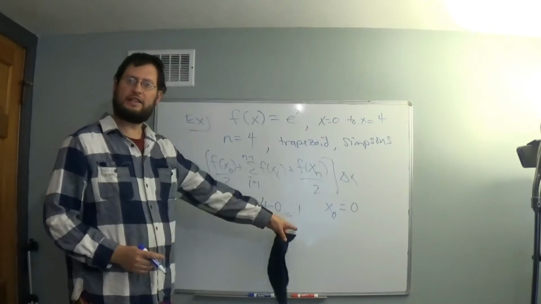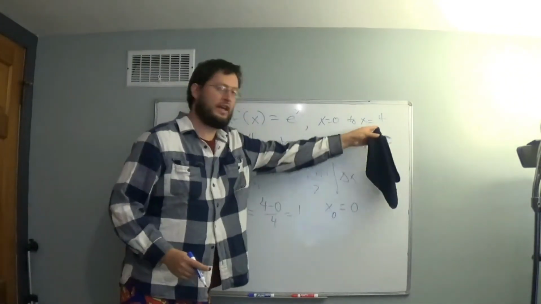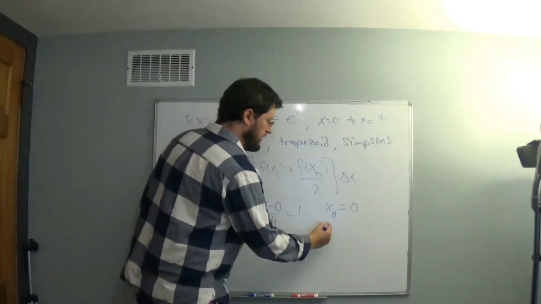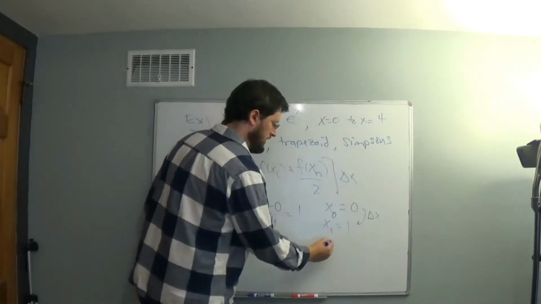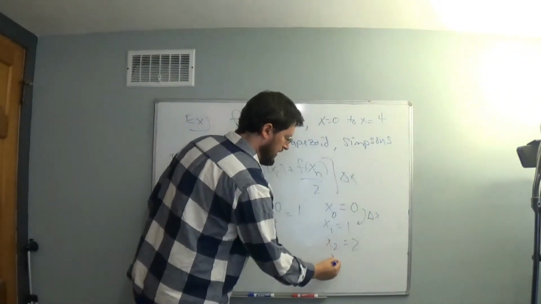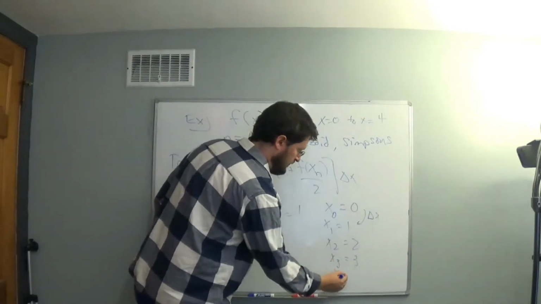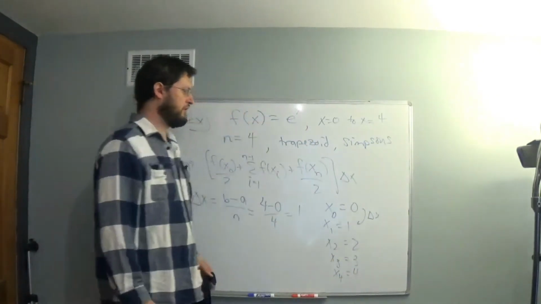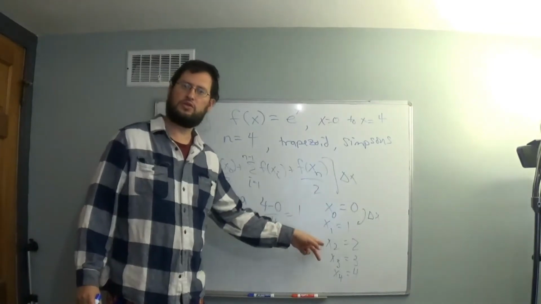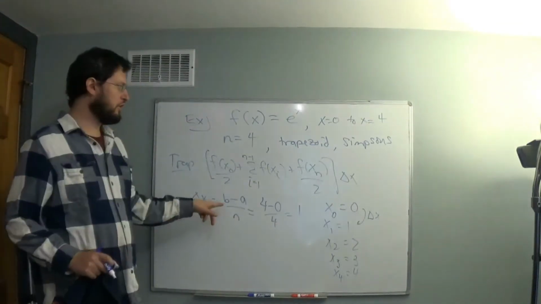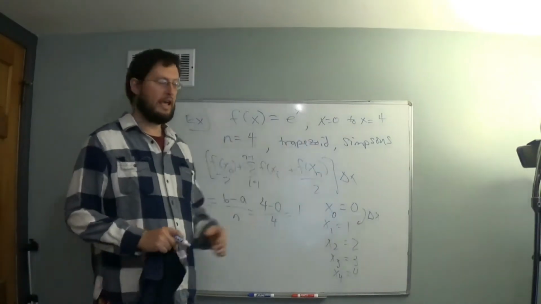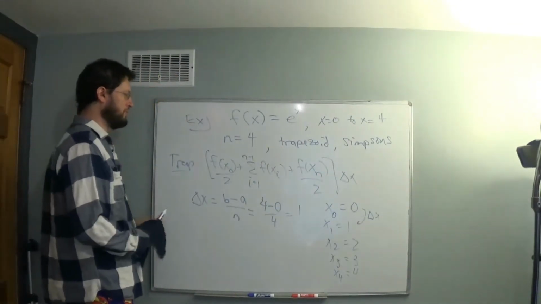Then I just add delta x to this until I get down to b. So x1 will be 1, x2 is 2, x3 is 3, and x4 is 4. And we're done. These are going to be true when we're using trapezoid and also Simpson's rule.